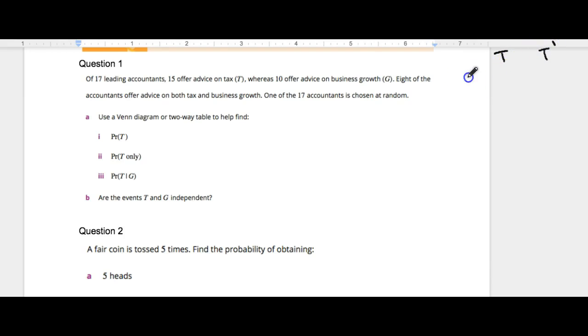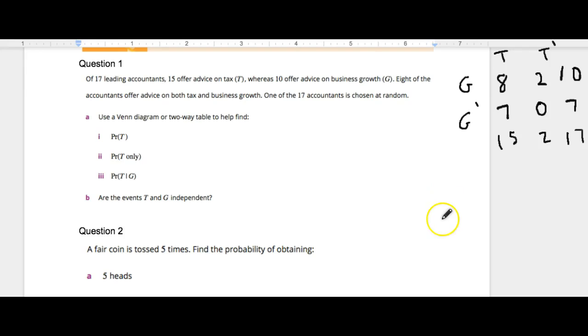So tax, not tax, business growth, not business growth, and we have 17 in total. 15 offer advice on tax, 10 offer advice on business growth, and 8 on both. Remember, then we just complete our table. 2, 2.